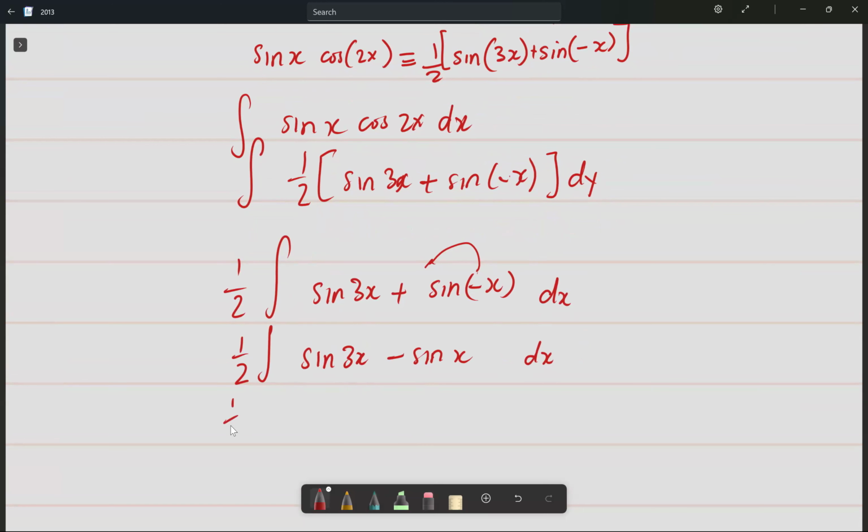So that's a half, integral of sine 3x is going to be cosine 3x all upon 3, minus integral of sine now is going to be cosine. I feel like it's negative.